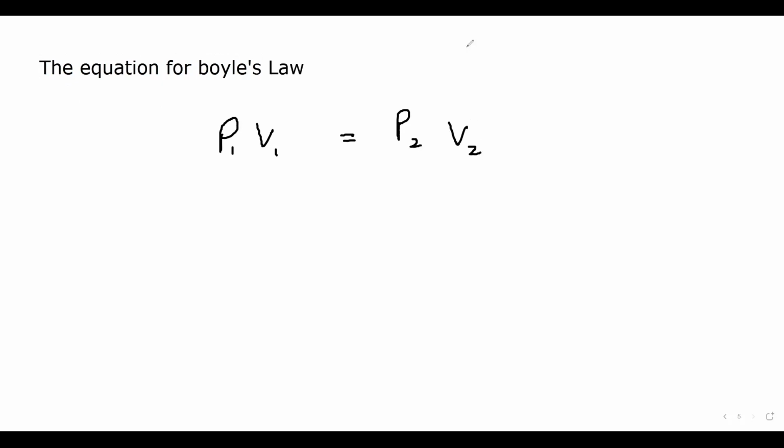What is the meaning of P1 V1 and what is the meaning of P2 and V2? P1 means the starting pressure, initial pressure. What is the meaning of V1? It means initial volume. I will solve a question, you will understand, this is not difficult.